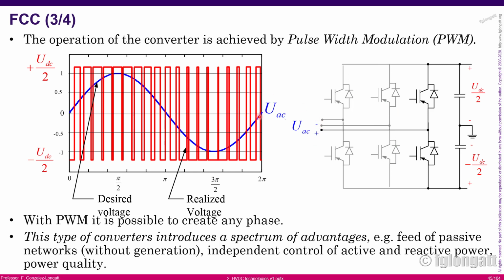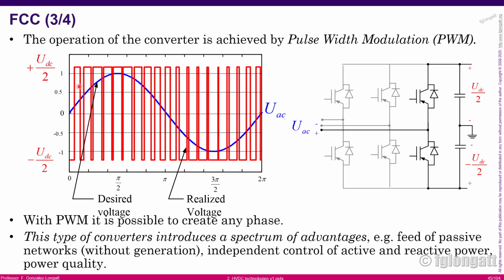We want to have this beautiful sine wave, but we can synthesize, we can create a similar signal using the PWM. What is the PWM doing? The PWM has a maximum and a minimum, as you can see over there, and the separation between those small steps depends on the value of the instantaneous voltage that you want to replicate.